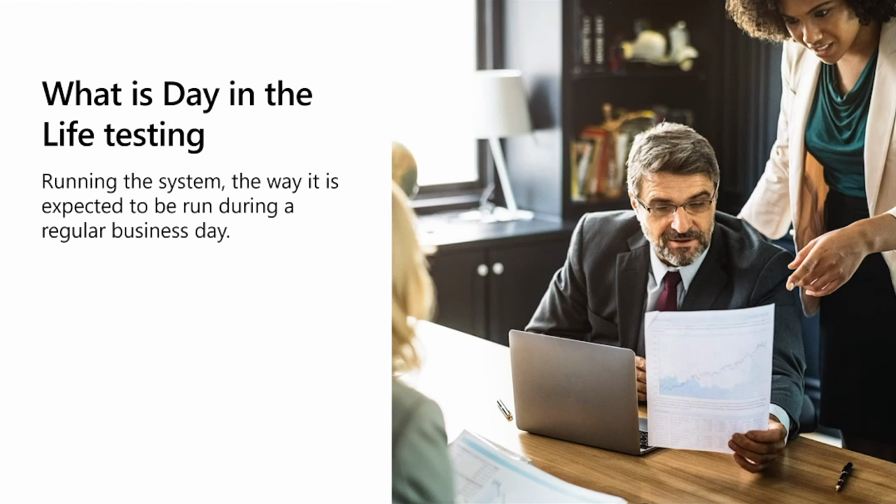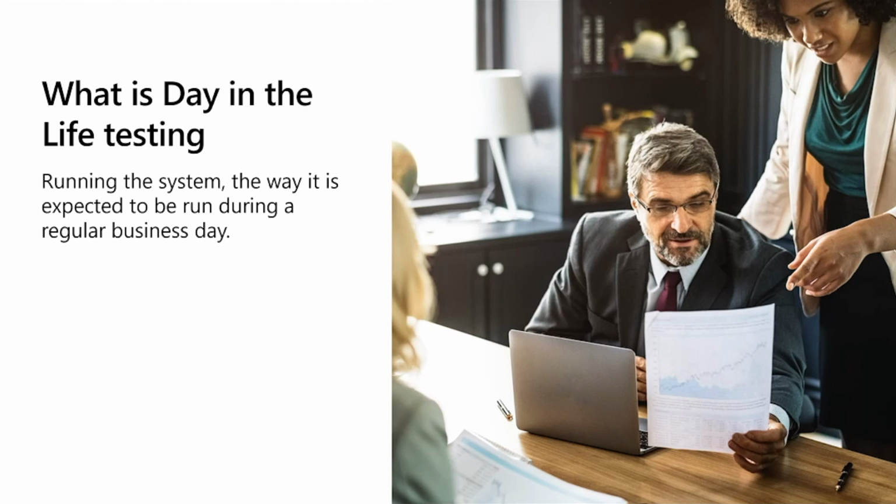But day in the life testing is always longer than you expect. It should be testing daily, 24/7. You need to let the system run the testing the whole day, whole week, even the whole month to get all the telemetry from the testing results.